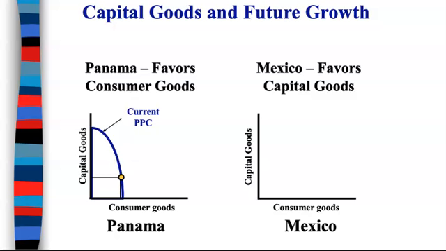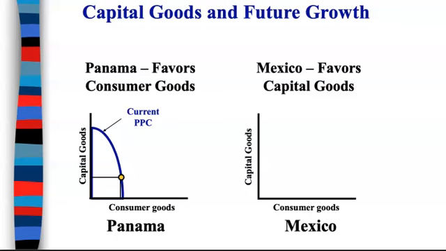And those are the machines that you use to make anything else. Consumer goods are simply anything that you buy. It doesn't have to be a food product. It could be the computer that I'm making this video on. It could be the phone that you're holding in your hand watching this video. Anything is a consumer good that you buy. A capital good is just the machine that makes that consumer good.